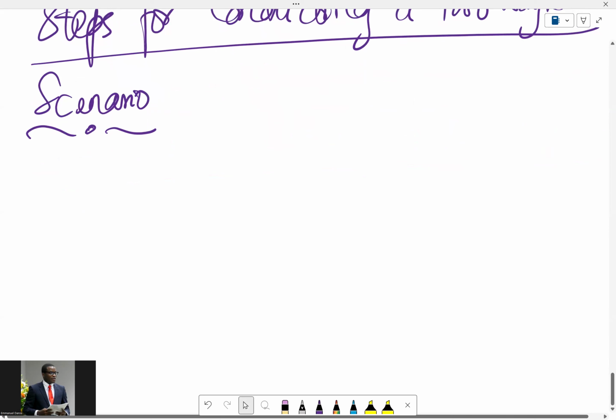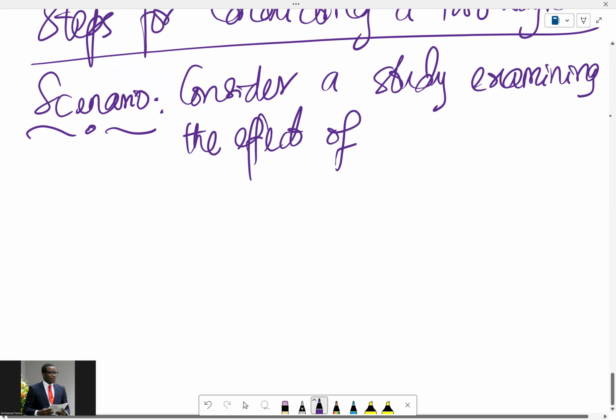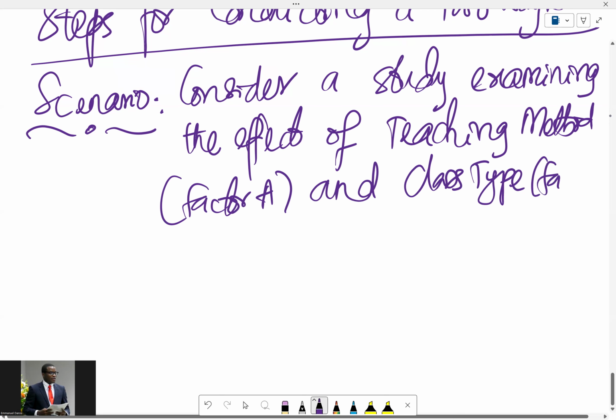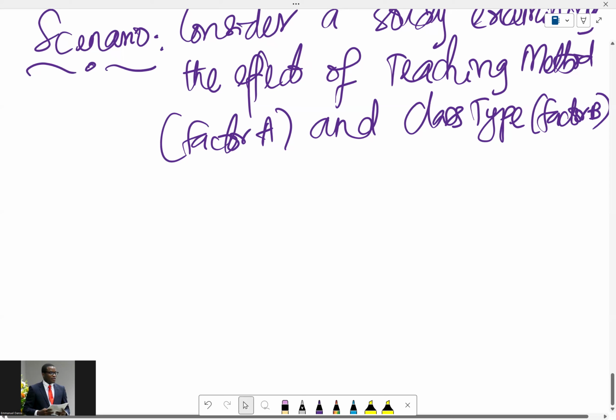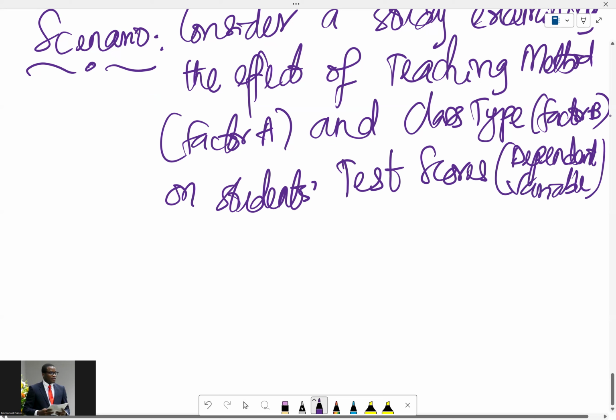The scenario is this: you want to examine the effect of teaching method, which is factor A in this case, and class type, which is factor B, on students' test scores, which is your dependent variable.